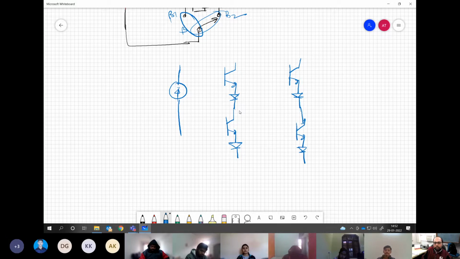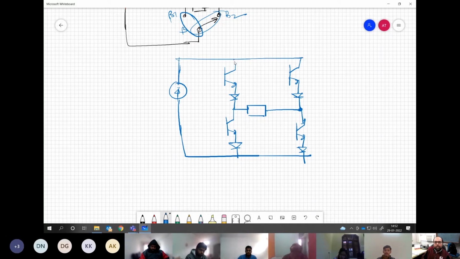Sir, is there any problem to connect a thyristor directly? No, no problem. But we connect IGBT just because we want more control over there. With a thyristor, turning off, all these arrangements you need to make. Here you remove the gate pulse, it is off. Yes, sir.